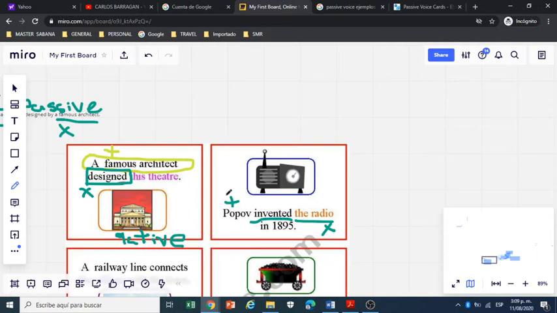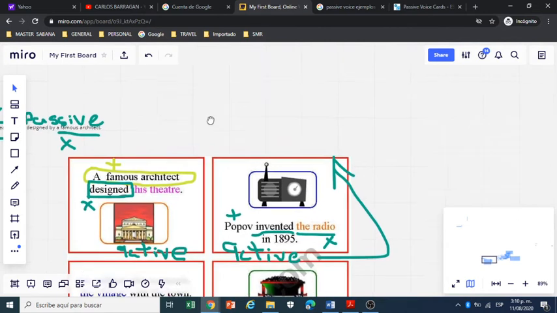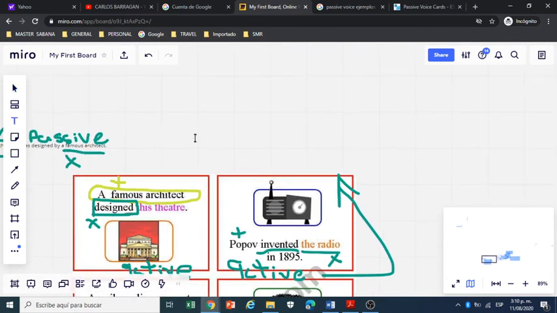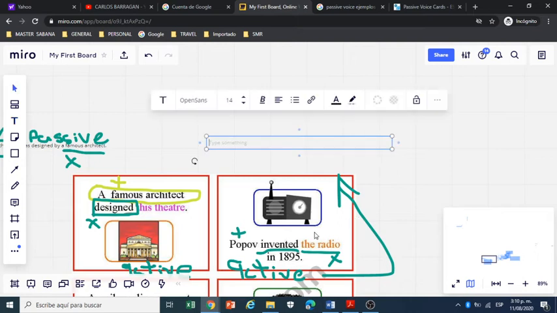Okay, this is active voice. Active voice. Now we are going to transform from active to passive. Okay, to passive. So, to passive. The radio.